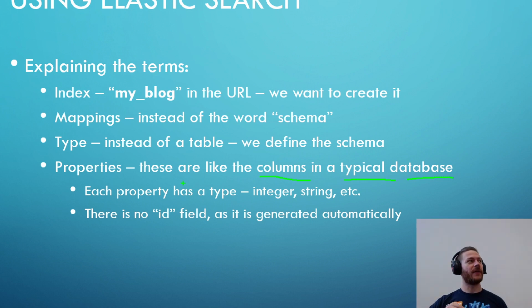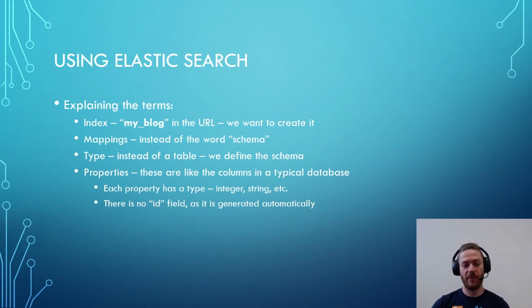We may have the text in the article, we may have the publication date, and so on. Each property has a different type: integer, text, boolean, whatever. And we can see that there is no ID field, because the ID field is generated automatically. We can override that, I'm going to show it, but it's pretty much generated automatically.